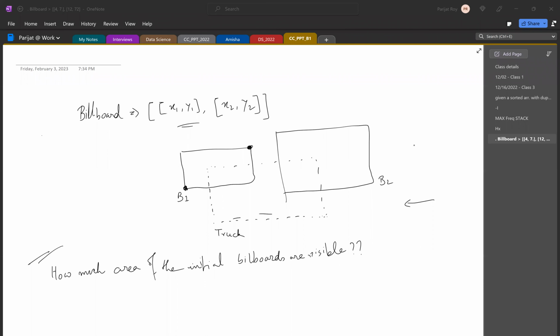Can anyone think of a logic for how you want to approach this problem?